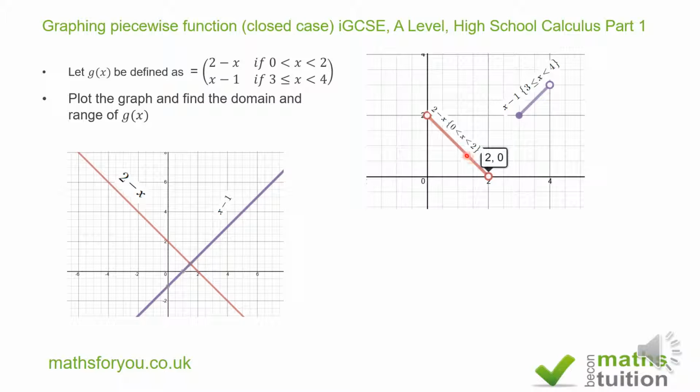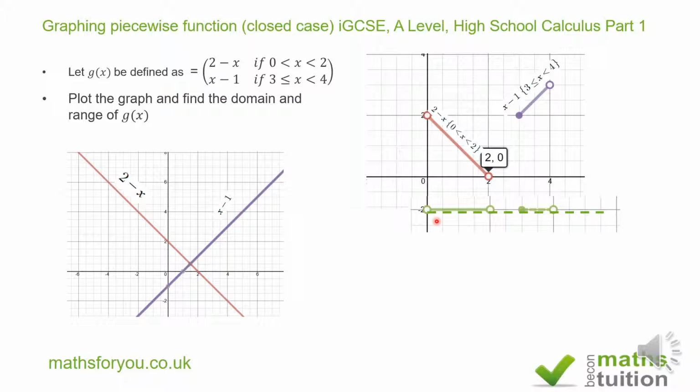So if we now project the brown graph for the values of 0 to 2 for x and the values of 3 to 4 for x, if we then project these lines onto a number line parallel to the x-axis, we have this here.